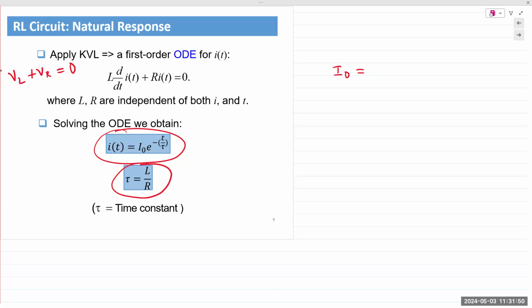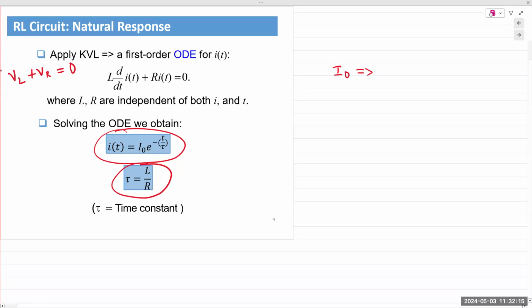What is important is determining I0. For that, you'd have to redraw the circuit, set up the problem, and then infer or conclude what the I0 value is. And then you plug it into the equation. That's it. As in this case, I0 is IS. It'll be different for every circuit.